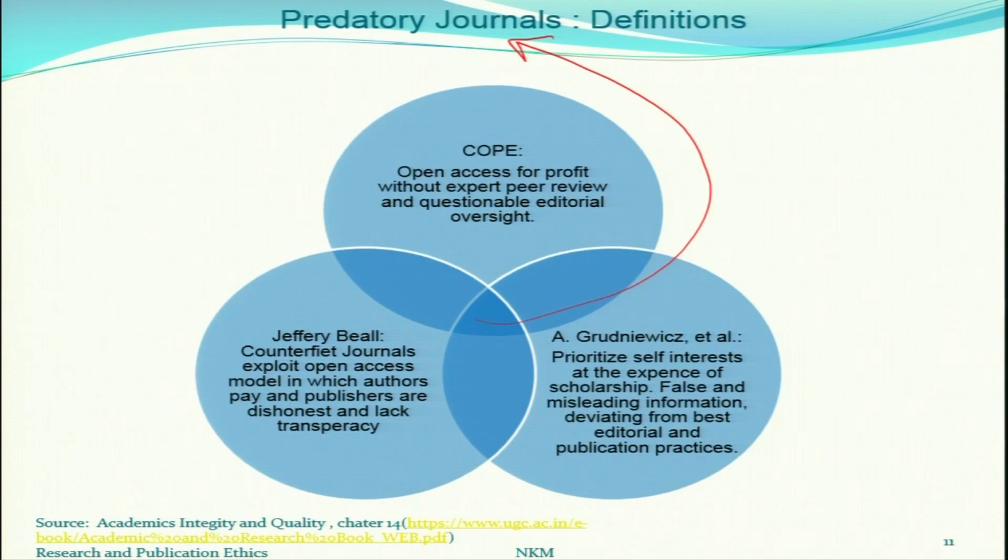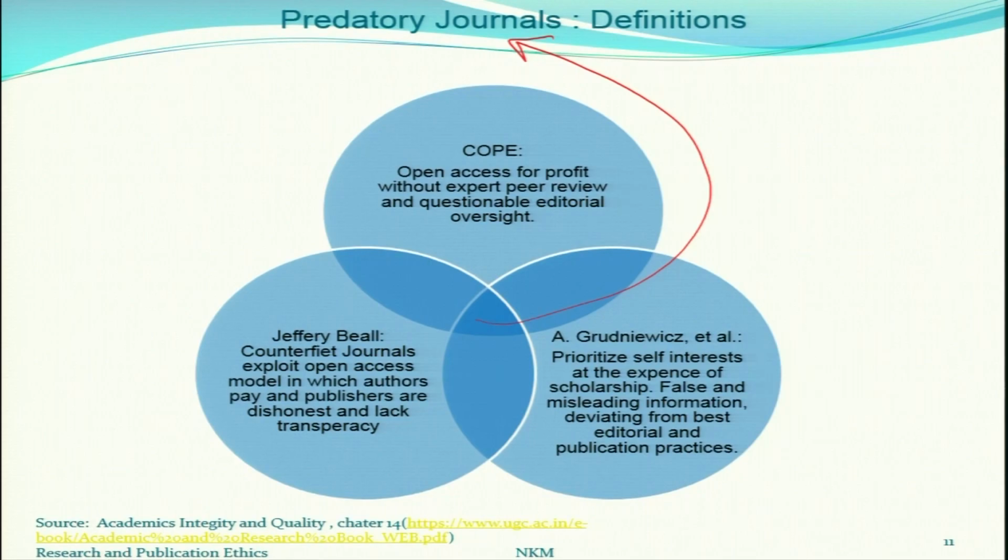Now let's try to understand the various definitions possible, and these definitions define the nature of predatory journals. According to the Committee on Publication Ethics, COPE, they are open access journals run for profit. They don't have an expert peer review, and they have questionable editorial oversight.